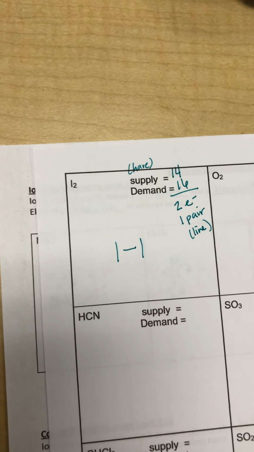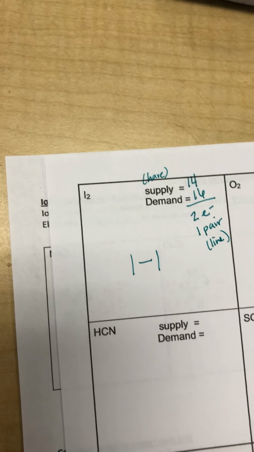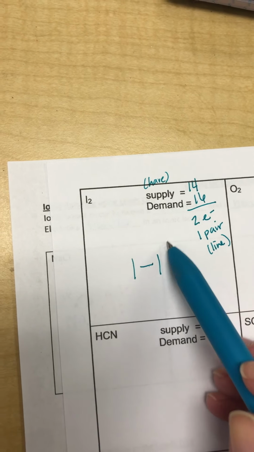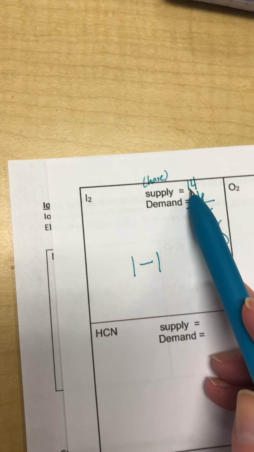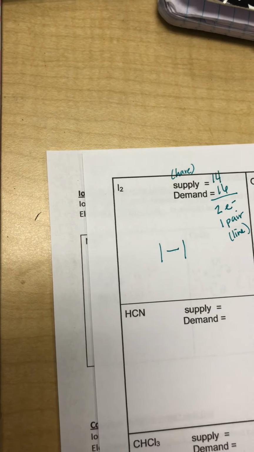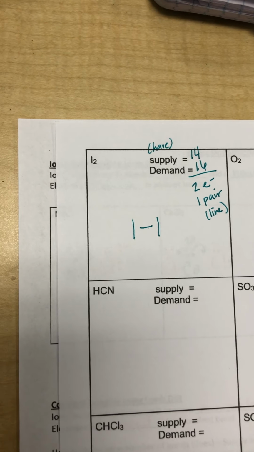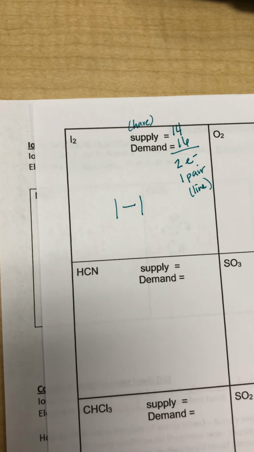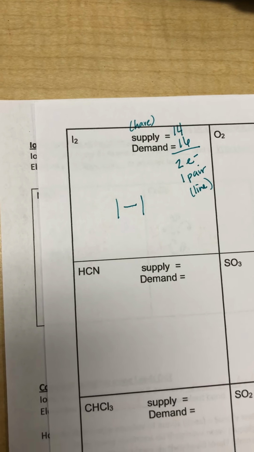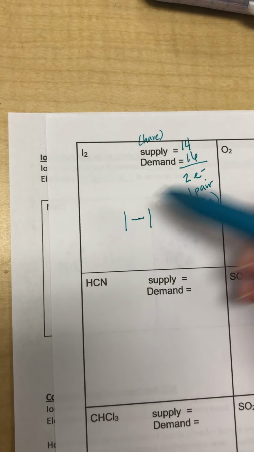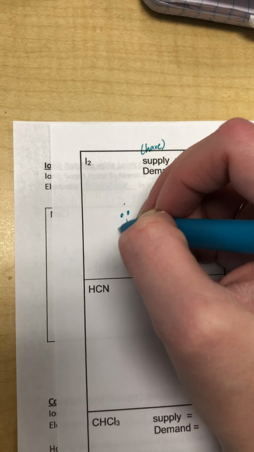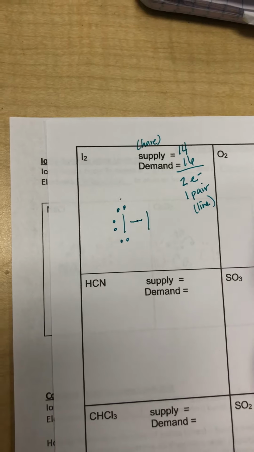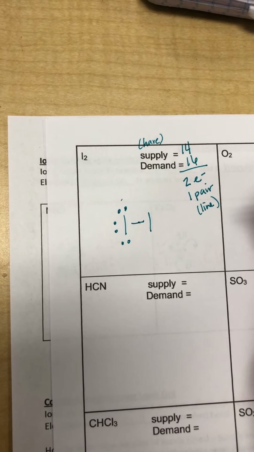I still have to show where all of the other electrons are. So there's 2 here, but I need to show all 14, okay, that they're supplying. So I just kind of start on the outside and start filling in the dots. A single atom cannot have more than 8, so I just have to keep that in mind as I'm filling in. So I'm starting with 2, so 4, 6, 8. So that iodine has 8, so now I have to move on to the other side.